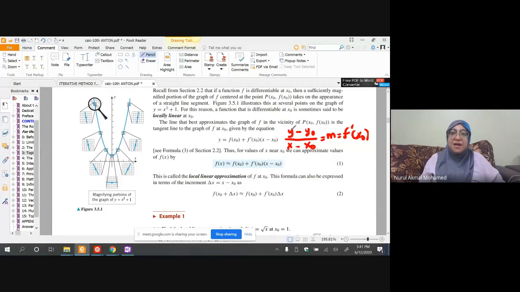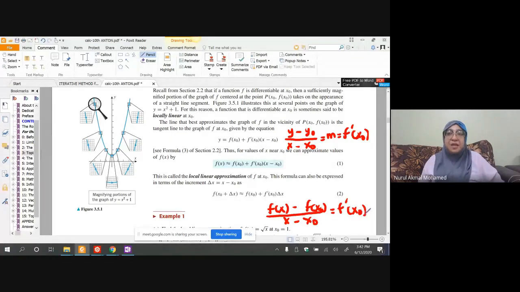So f of x minus f of x naught divided by x minus x naught is equal to f prime of x naught.